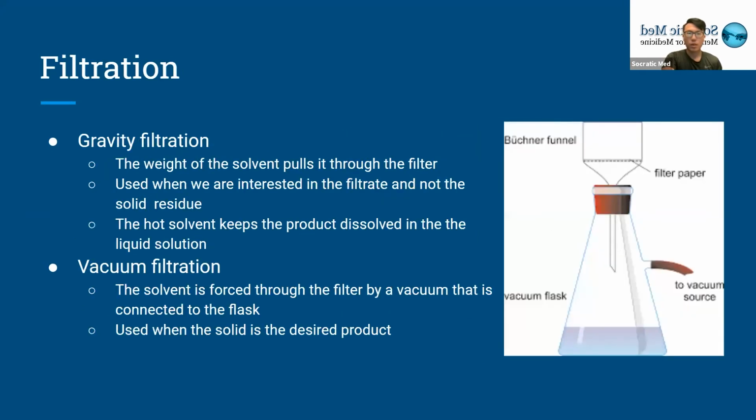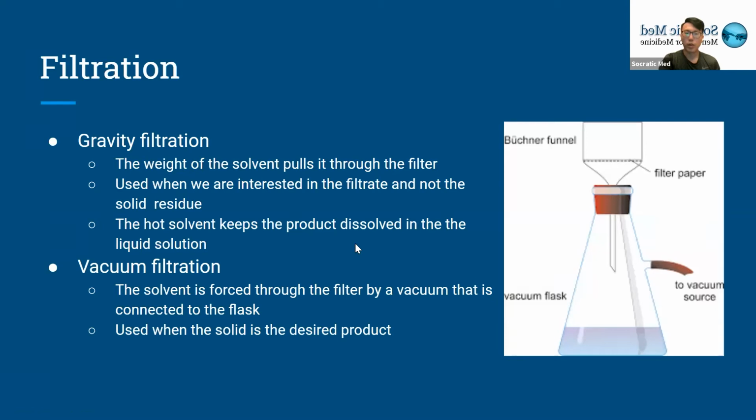Like I said, that first picture was known as gravity filtration. It's known as gravity filtration because you use the weight of the solvent to pull it through the filter. Gravity will drag that liquid solvent through the filter, but the solid will be left behind as the residue. This is used when you're interested in the filtrate and not the solid that's left behind in the paper filter.